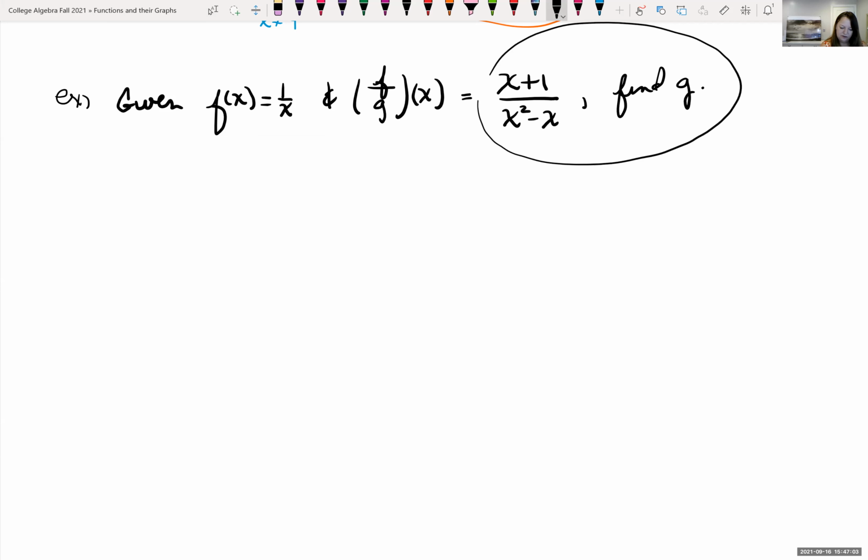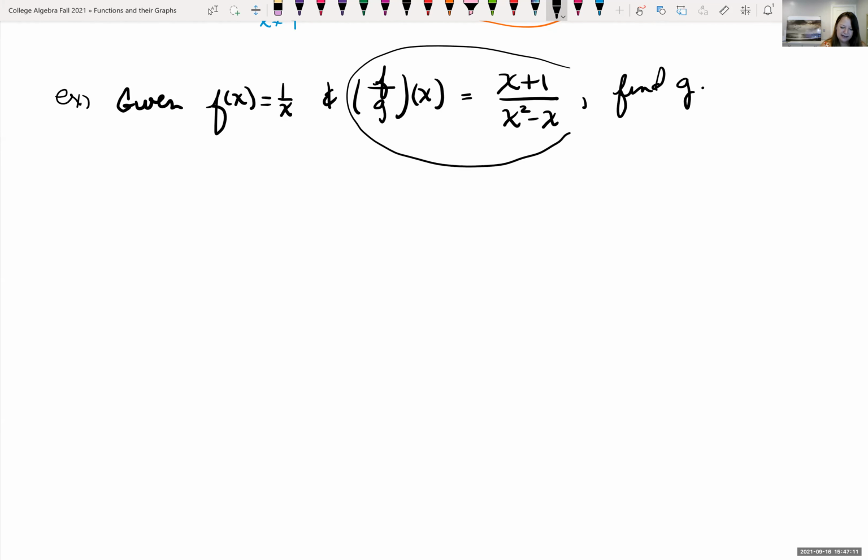We're given that f divided by g, which is x plus 1 all over x squared minus x, is equal to our f function. And our f function that we know is 1 over x, divided by our g function. And that's what we're trying to find.